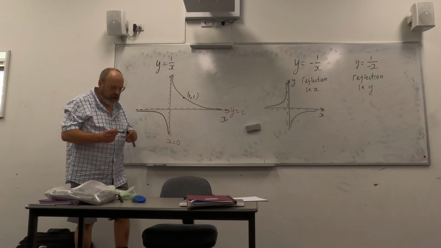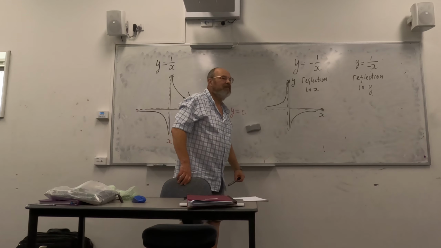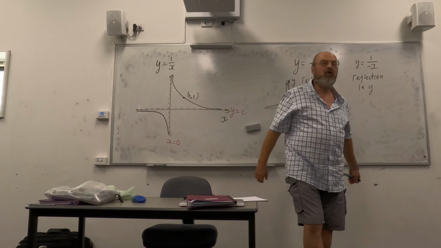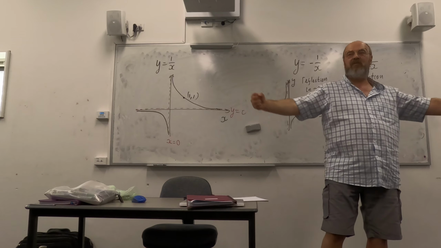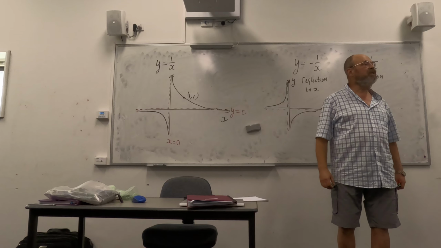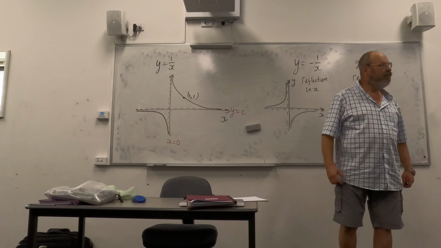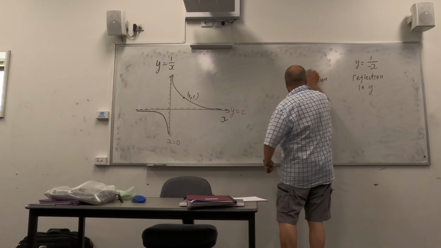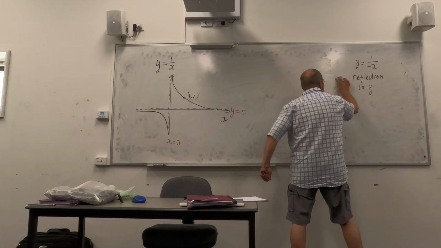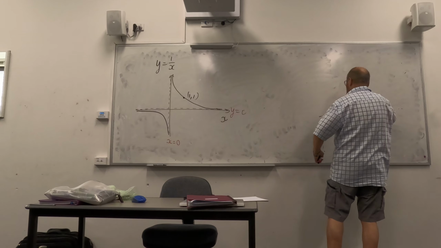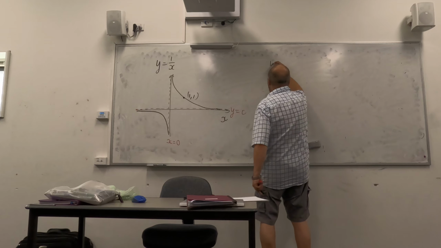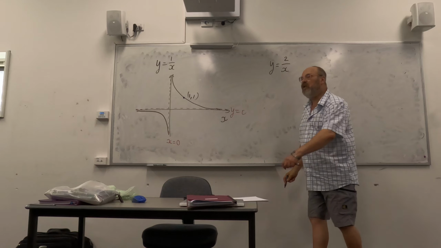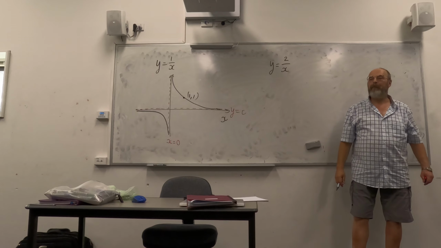And dilation. What is dilation? It's like squashing, either stretching or compressing. How do we do that? We need to multiply it by some number. So if we sketch a graph of y equals 2 over x, will it change the asymptotes?